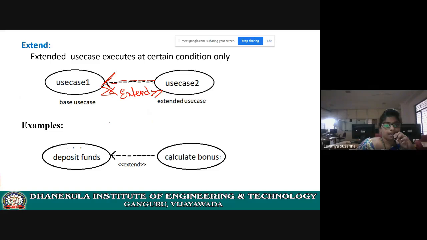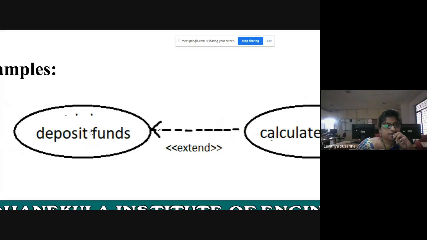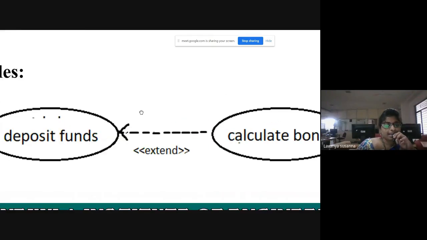Okay, now let us see with an example. See here, deposit funds. Deposit funds is nothing but you are transferring some money into your account, depositing. I'm talking about a banking application. Here I took use case deposit funds. Now while executing deposit funds, calculate bonus will be executed when a condition is met.